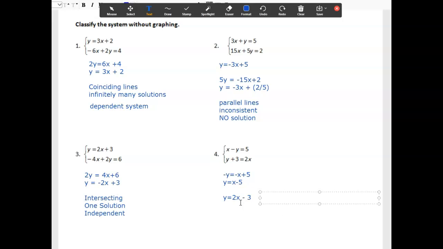So my equations are independent, intersecting, and one solution. So again, it's all referring back to that same table we did at the very beginning, talking about slopes, y-intercepts, and then that leads to their terminology and graph importance.